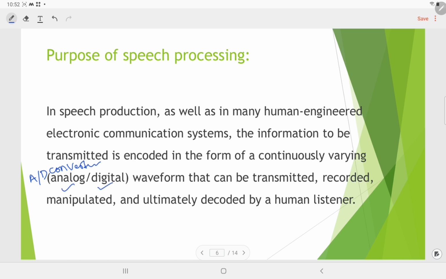After the conversion, the signal can be transmitted, recorded, and manipulated. Manipulated means you can apply any signal processing algorithm, and ultimately it is decoded by a human listener.